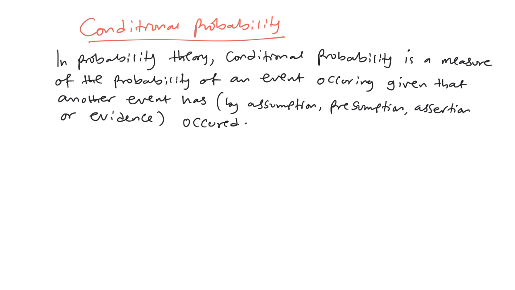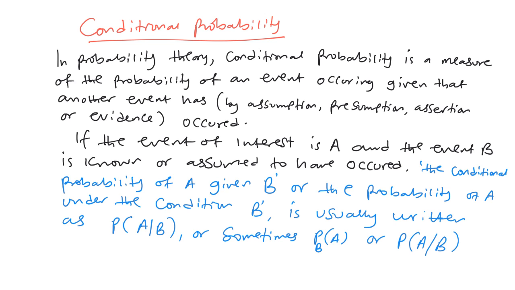More information. If the event of interest is A and the event B is known or assumed to have occurred, the conditional probability of A given B, or the probability of A under the condition B, is usually written in two main ways. There is probability of A given B, and this is so common.